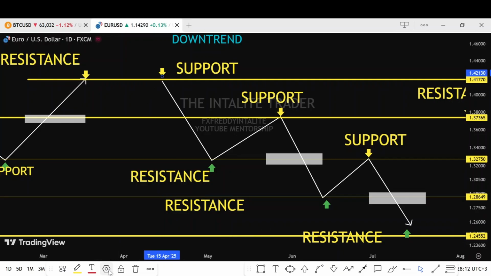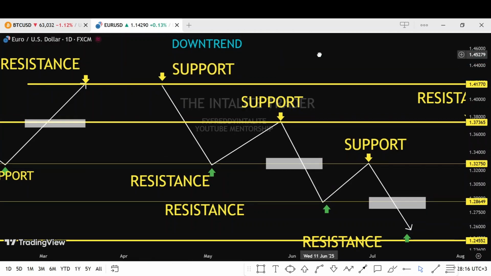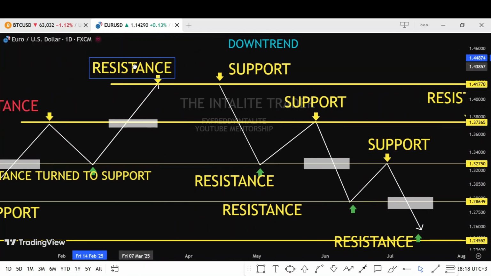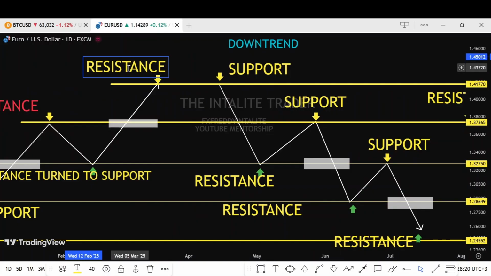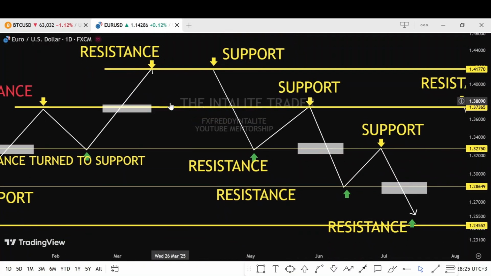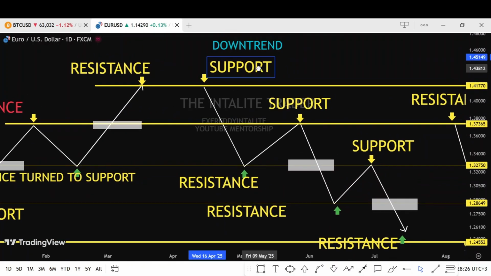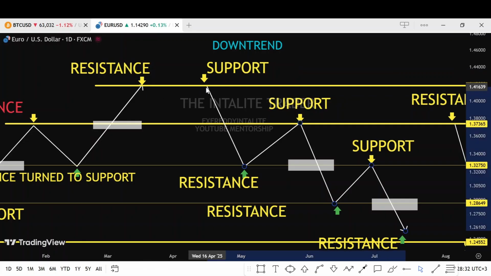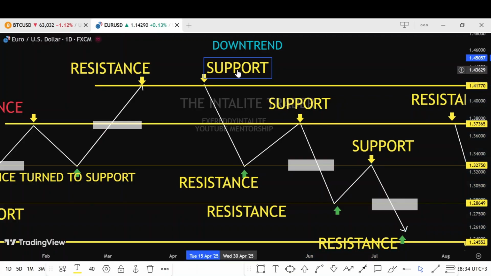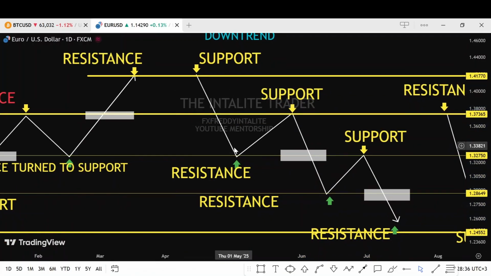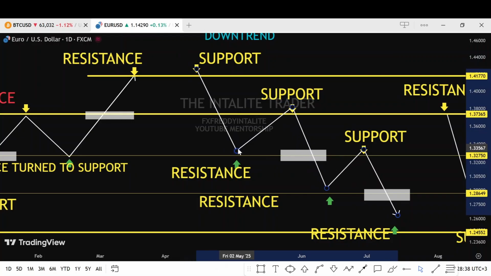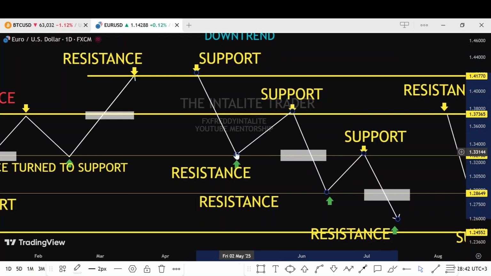This level becomes support because that's where price started from. So we're going to see this resistance become support in a downtrend. The resistance level will now become the support. Price starts from here and it comes down, it sells.